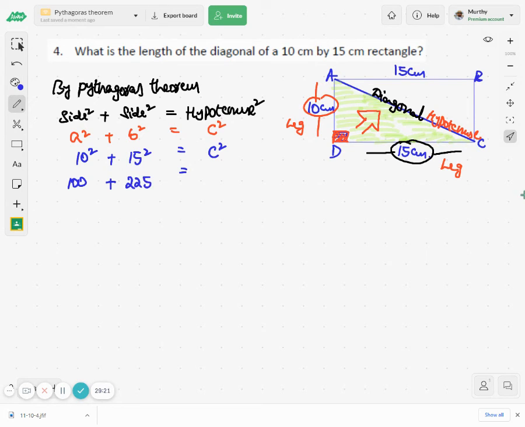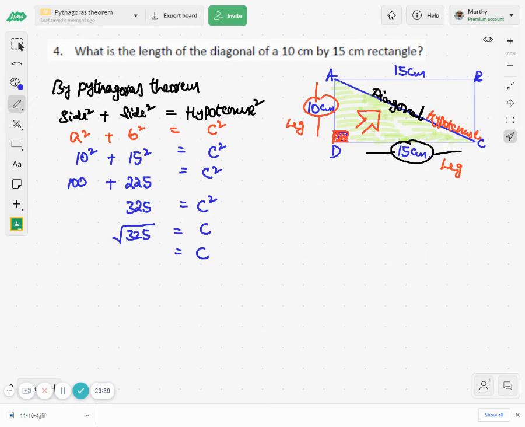That gives me 225. Just do simple addition. That gives us 325. And in order to eliminate the square, we take the square root on the other side. So square root of 325.